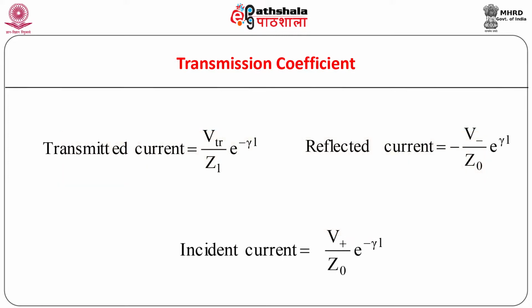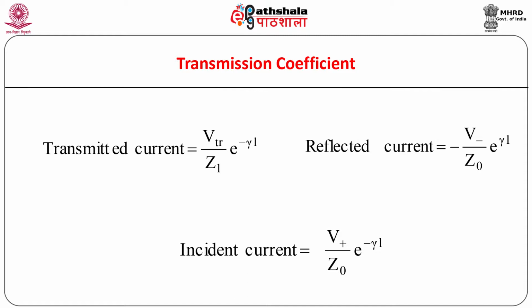Similar to the voltage wave, we can write the expression for the current wave at the load. The three waves, namely incident, reflected and transmitted, can be written as shown. Note that while computing transmitted current, the voltage amplitude is divided by the load impedance ZL.